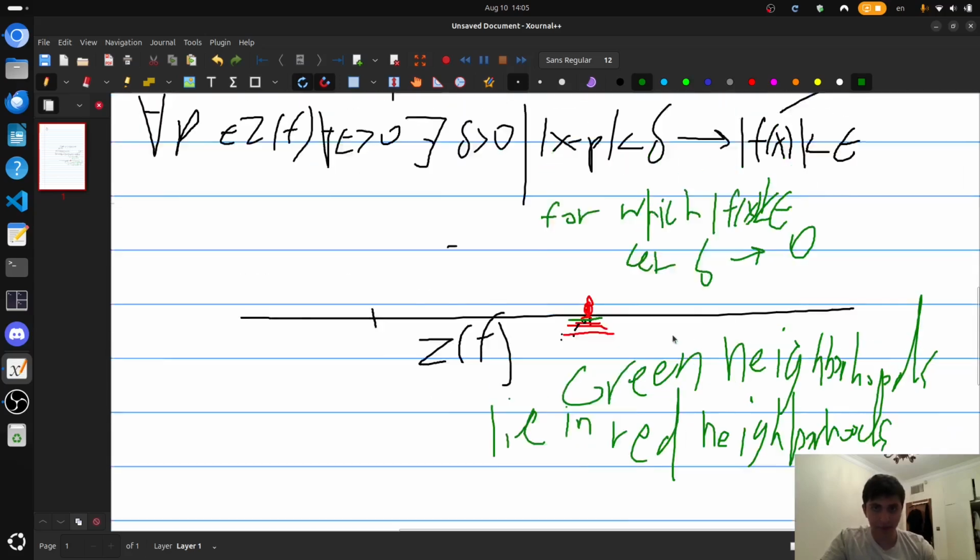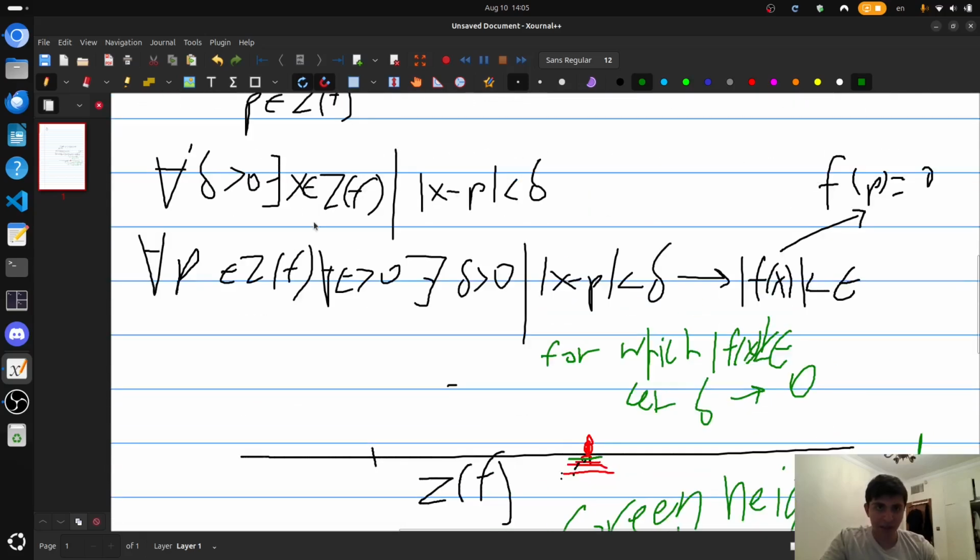Basically, that means we know that this thing over here works for every delta, and we can let delta go to 0 and epsilon will go to 0.